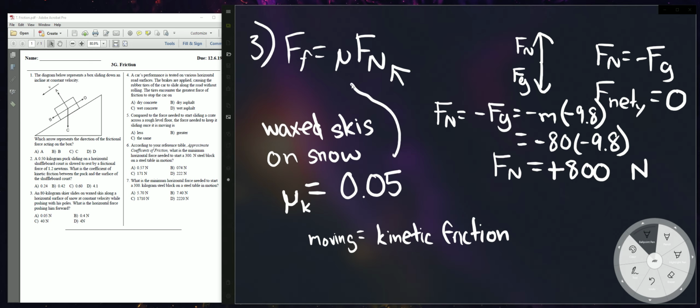So now you have mu. Now you have Fn. All you're going to do is plug it into this equation, and then you get the answer. Alright, so you get, I'm going to assume divide by 20, somewhere around 4. Somewhere around 4, I think. No, 40. It's 0.05.